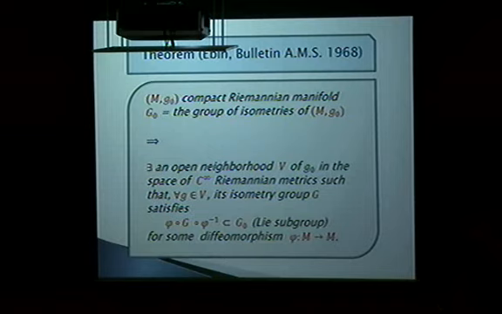I guess not. Usually, wouldn't phi G phi inverse just be the identity? Not necessarily. Most Riemannian metrics don't have isometries, right? Oh, in that sense, yes, because it's a trivial group.